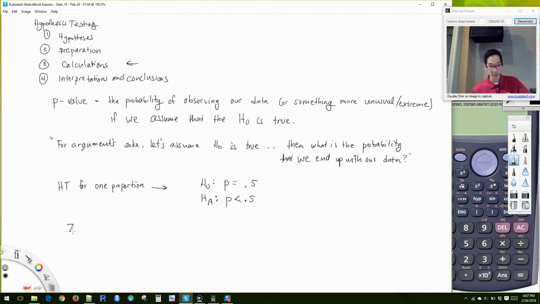We're going to calculate a z-score. The z-score is the difference between what we observed in our sample and the value that appears in our null hypothesis, divided by our standard error. Our standard error is equal to the square root of p0 times 1 minus p0, over n.